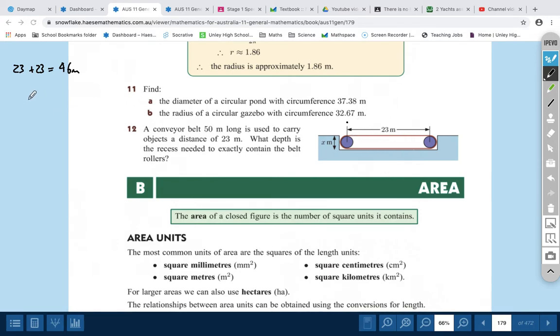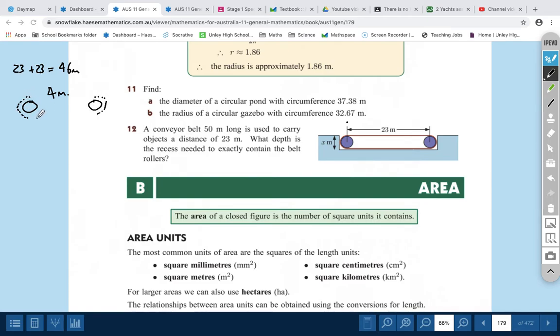But we need to know about the circles. You've got your left circle and your right circle, and the belt's coming around there and around here on the right. How many metres have we got left? We've got 4 metres of belt that belongs there and there.